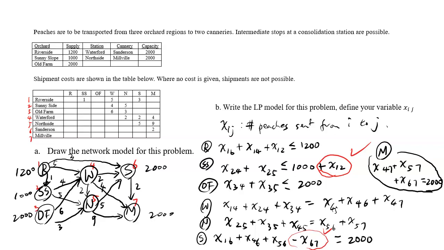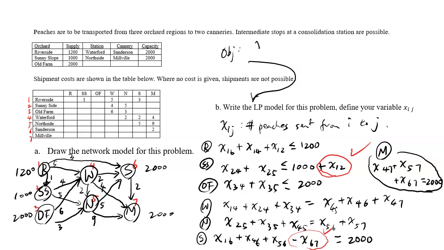Now, in addition, we need the objective function, right? So let's write down the objective function. We just have to write down the coefficient times the number of peaches on each path. So it's pretty much these variables.